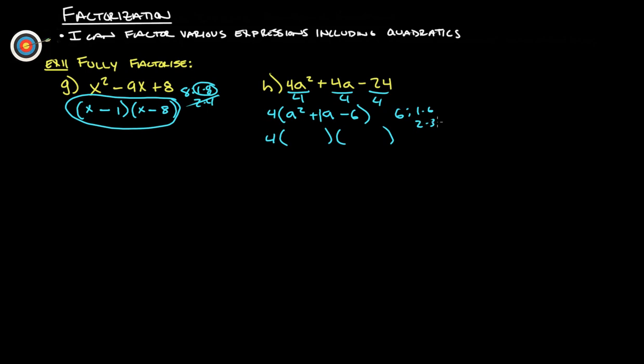So which ones have a difference of 1? The 2 and the 3 do. So we've got a times a, and then we're going to put the 2 and the 3 in. It doesn't matter which one goes where, but we do know that they have to add up to positive 1. So it'll have to be positive 3 and negative 2, and there's this thing all factored out. Don't forget the 4 at the end, because that's part of the factorization of this.